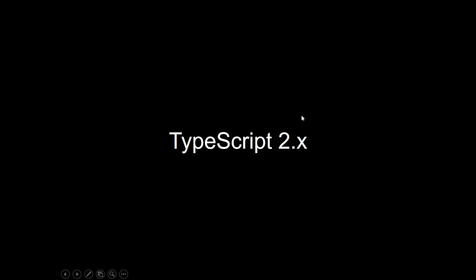That's where we have transpilers. And one of the languages is TypeScript 2.x from Microsoft. TypeScript is not another language. It's basically a typed superset of ECMAScript. JavaScript is typeless, as you all know, whereas TypeScript introduces the concept of types on top of JavaScript. So TypeScript is nothing but JavaScript with types.